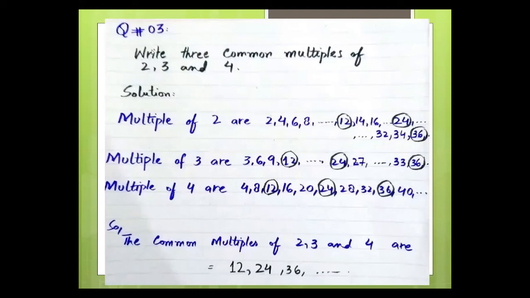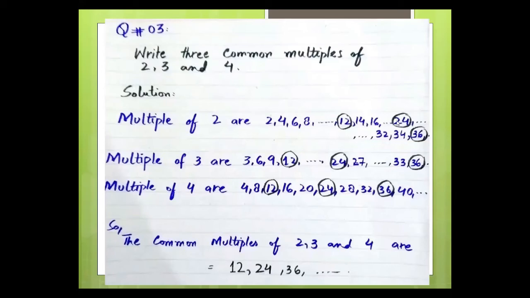What is the question given? 3 common multiples of 2, 3 and 4. You just list out only the starting 3 common multiples. That's why in this example we find the common multiples by going so long.